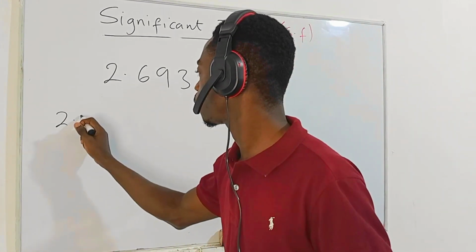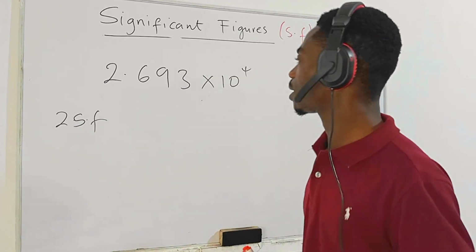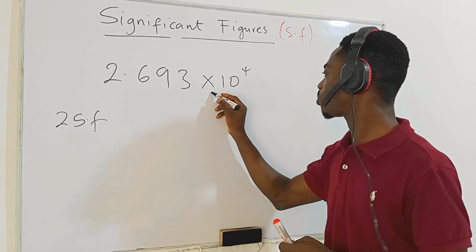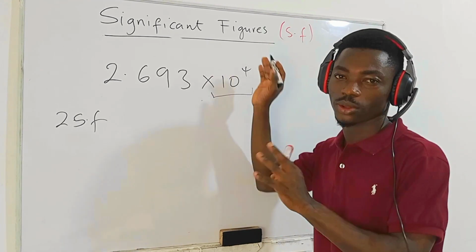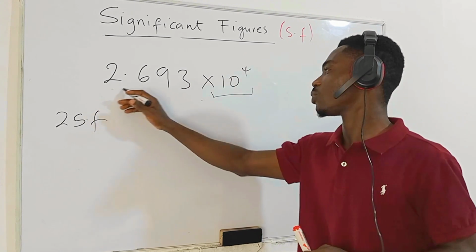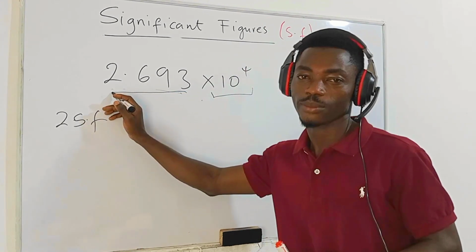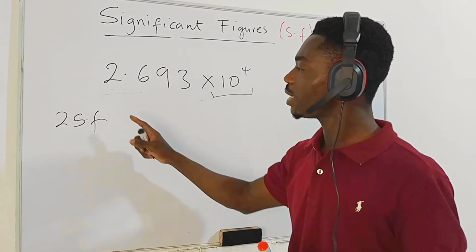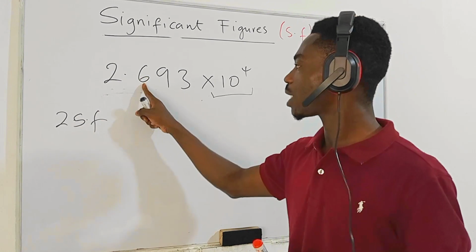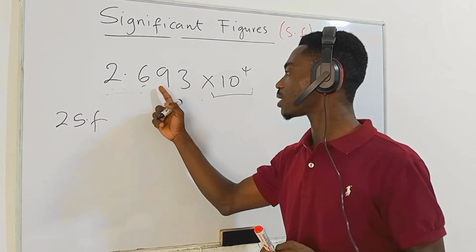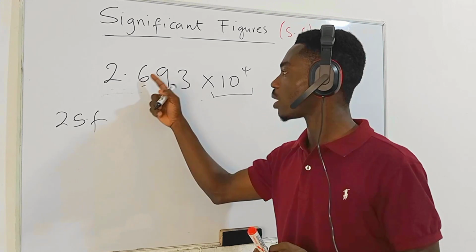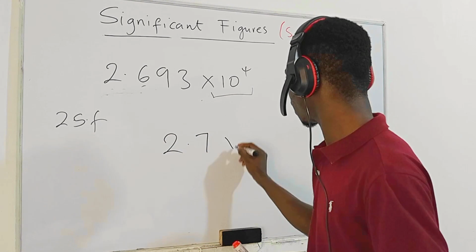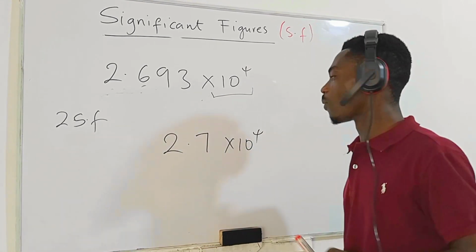To do this, don't pay attention to the 10 to the power something, just pay attention to these decimal numbers right here. You start counting from left to right, like we know already. So we have 1, 2. We just landed on this 6. The number next to the 6 is 9, more than 5. So we add 1 to this, making 2.7 times 10 to the power 4, and you are done.